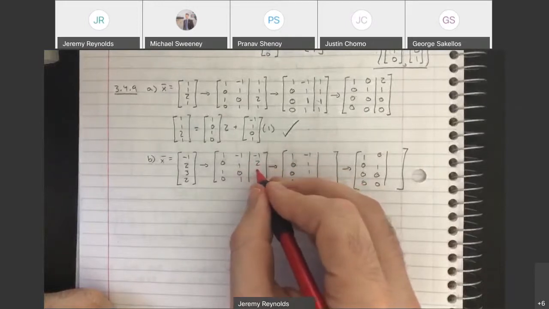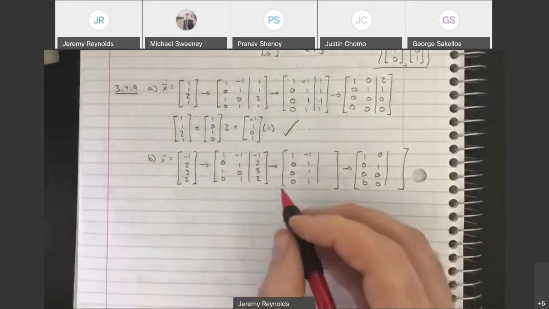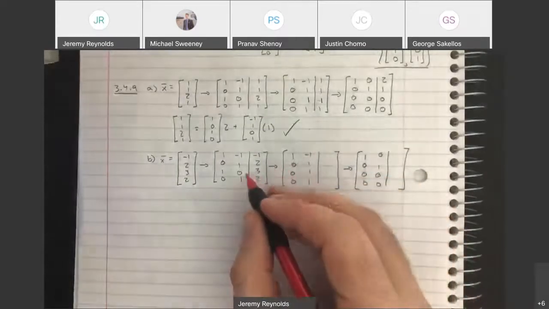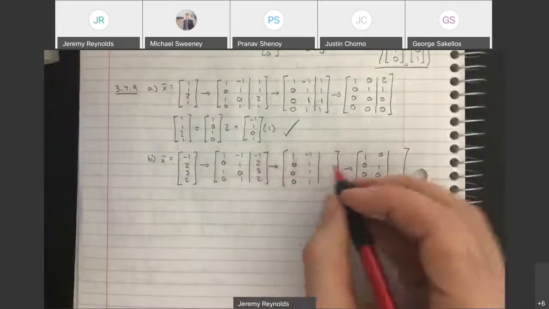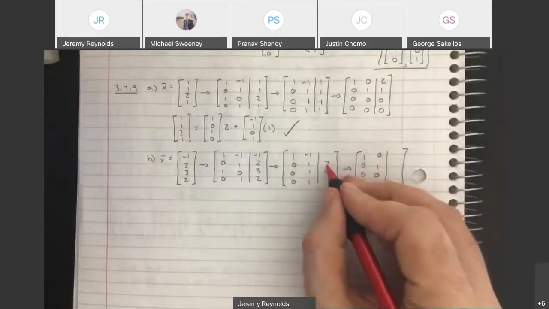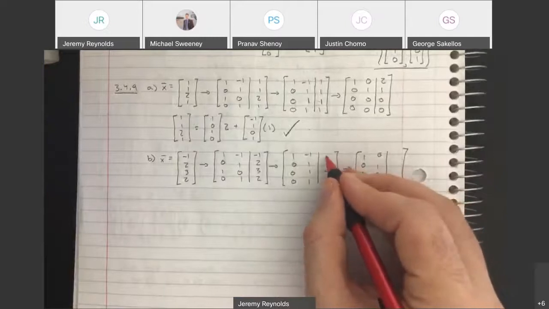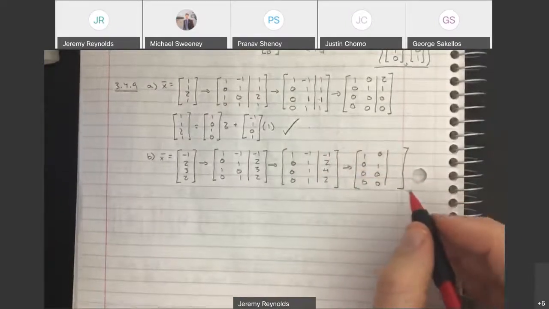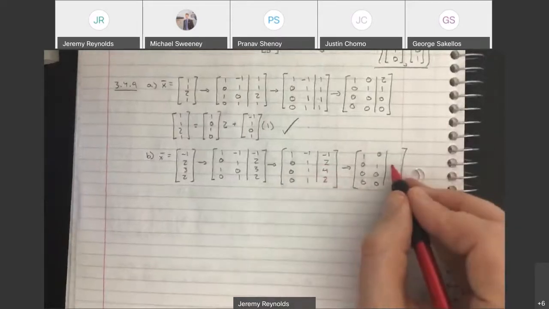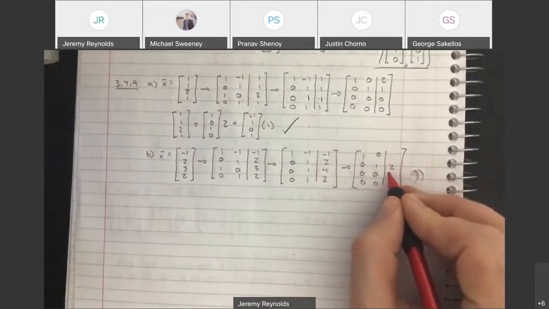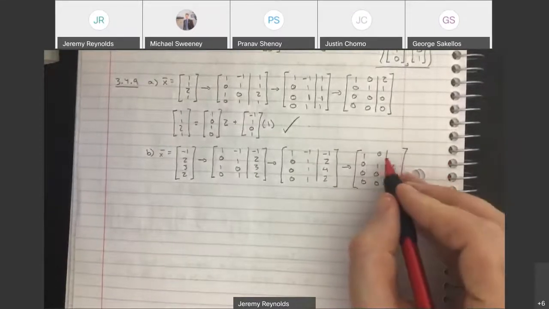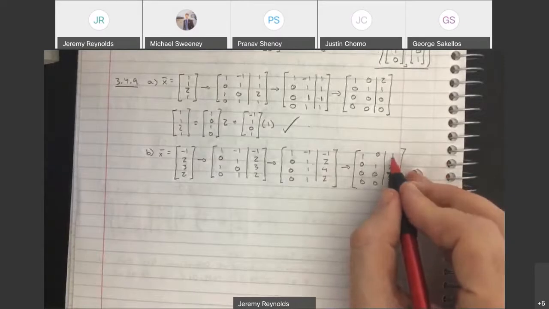So 2, 3, 2. And then what we did here is we subtracted row 1 from row 3. So 3 minus -1 is 4. And then 2, 2, and -1 still. And then if I subtract row 2 from row 3 and 4, I end up with a 2 right here. And then on the top, I'll have a 1.